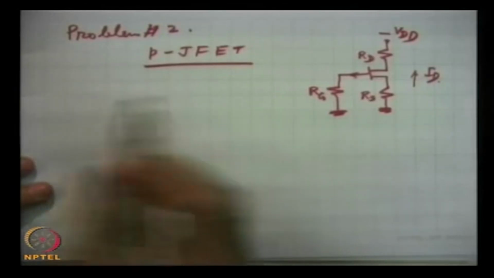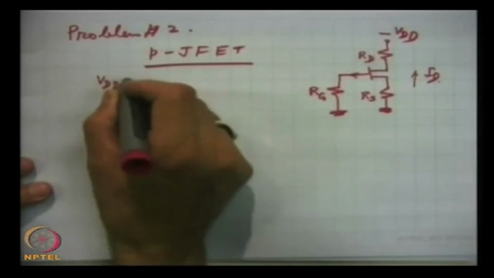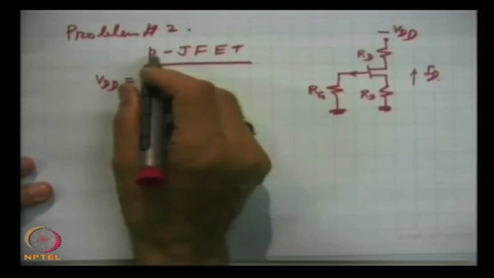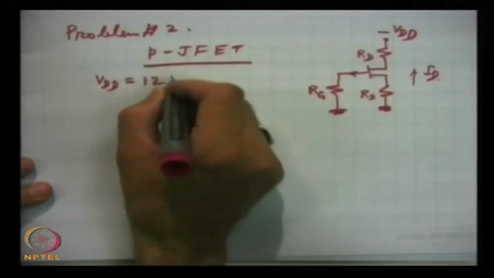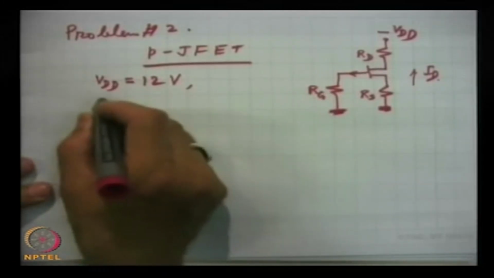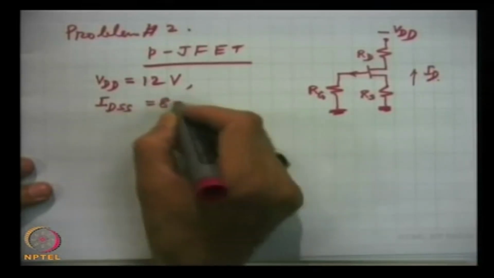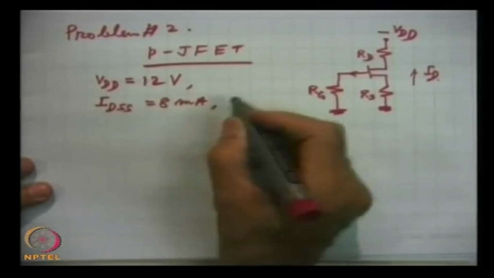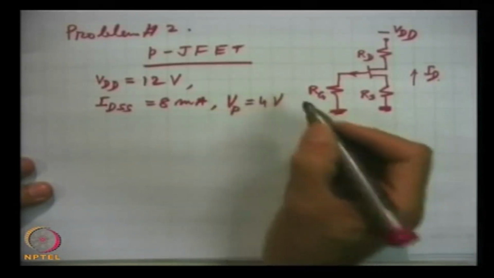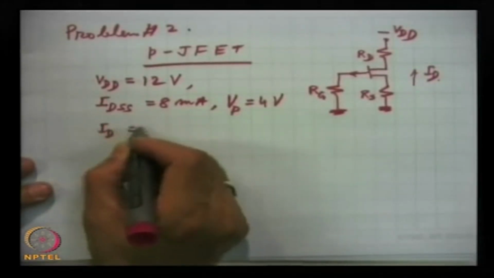Here VDD is 12 volts, the sign is provided here, so it is actually minus 12 volts, the magnitude is 12 volts. IDSS is 8 milliampere, the pinch off voltage is 4 volts, and ID is 4 milliampere.